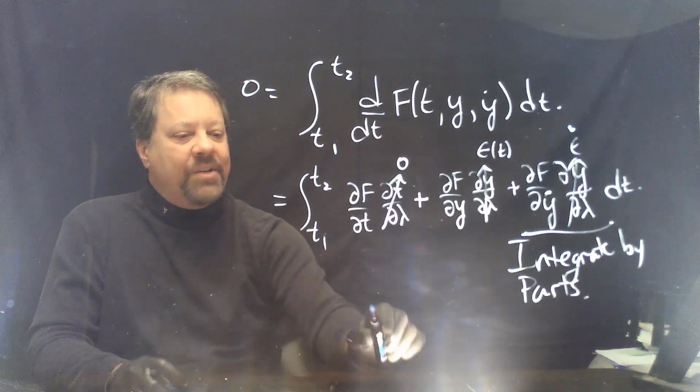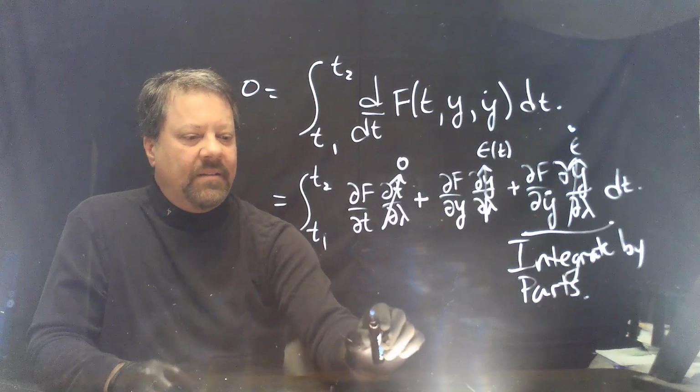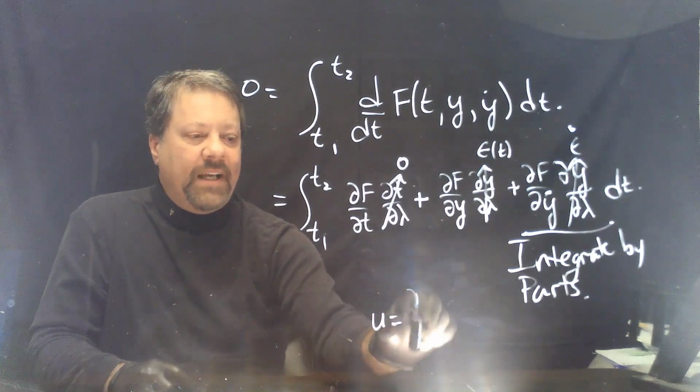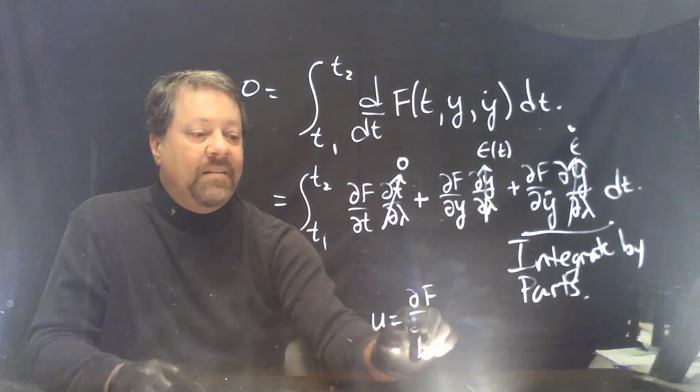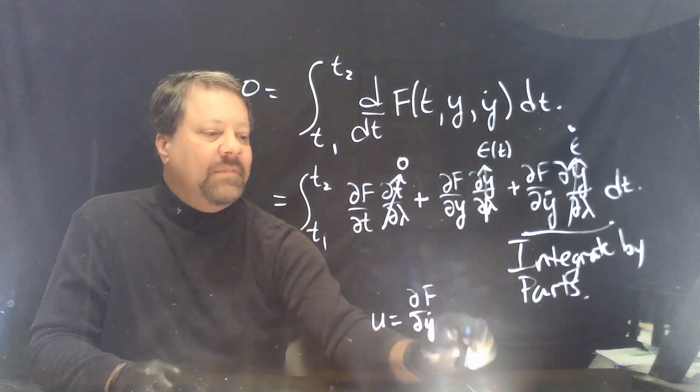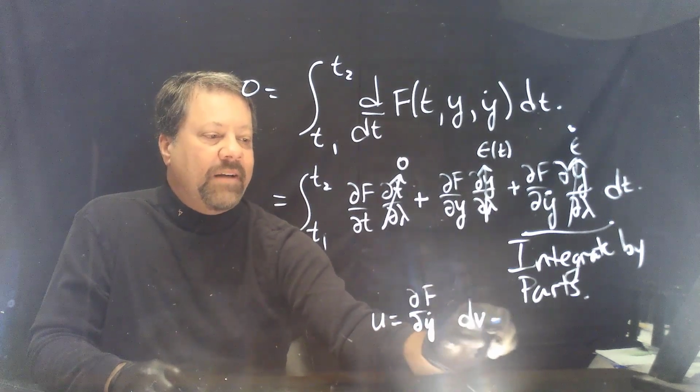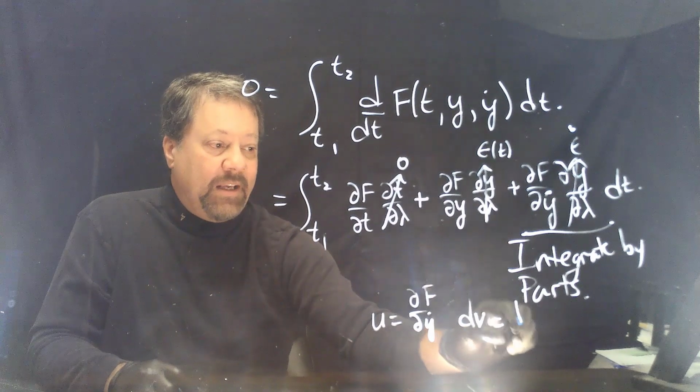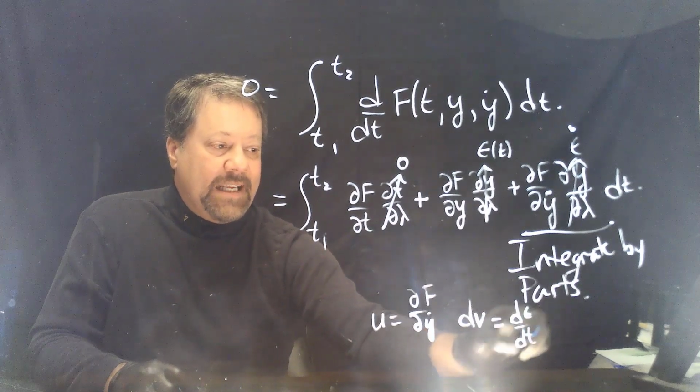In integration by parts, you have a u part that you wish to differentiate, which for us will be df dy dot, and another part that you would rather integrate, which for us will be the d epsilon dt.